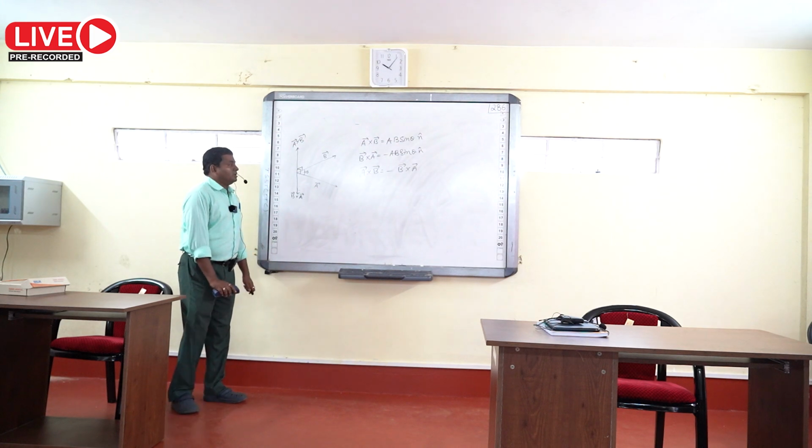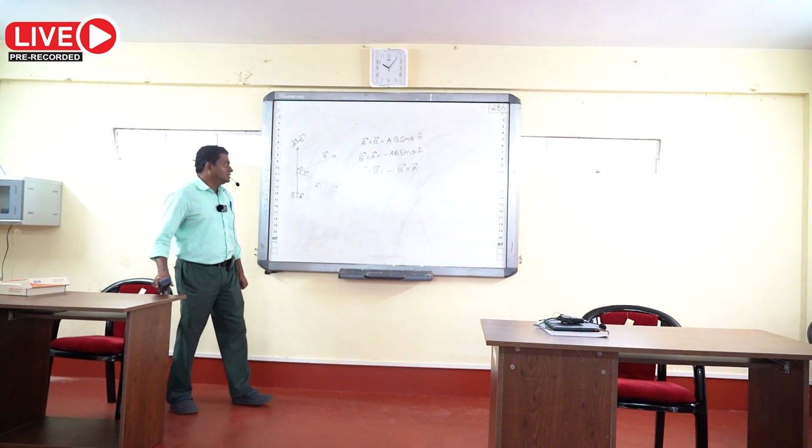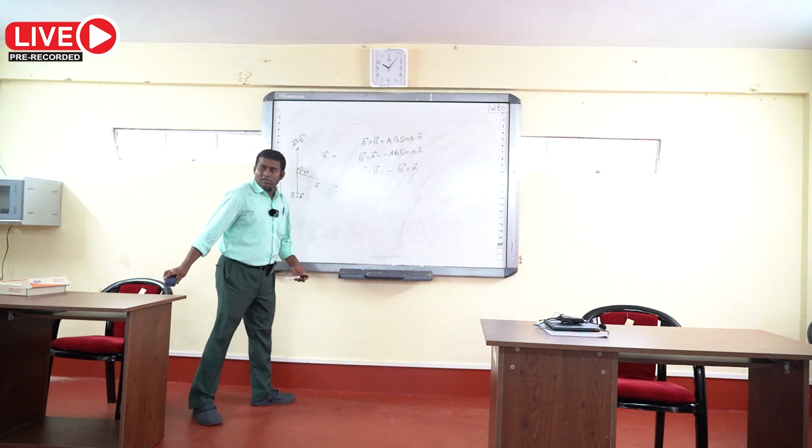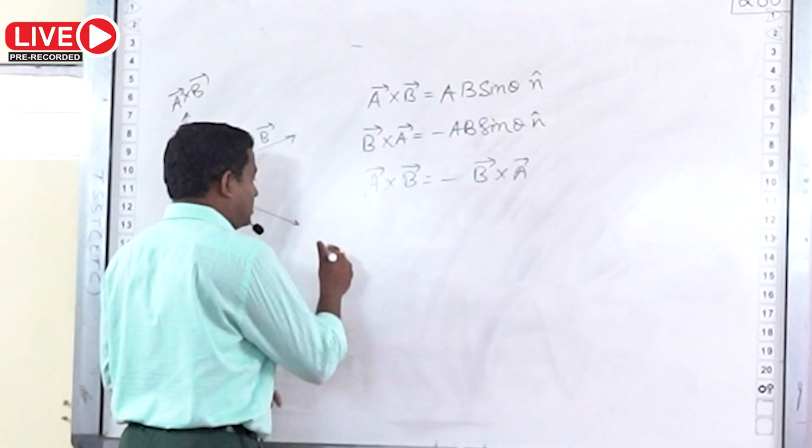Okay? Now, if the vectors are given in component format, then how to calculate the cross product? There is a simple rule of determinant. You can remember this one.